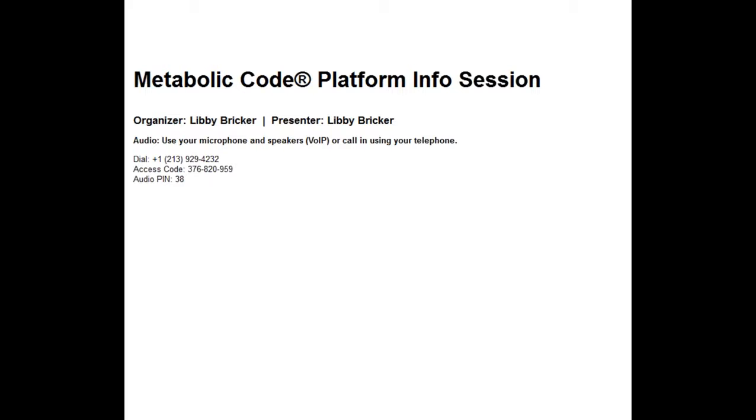What we're going to do is just review some of the key points about what this transition to the updated Metabolic Code platform means to you. As you have been seeing over the last several weeks in the email correspondence, we have updated to a better version of the Metabolic Code platform with all these new benefits for you to take advantage of.